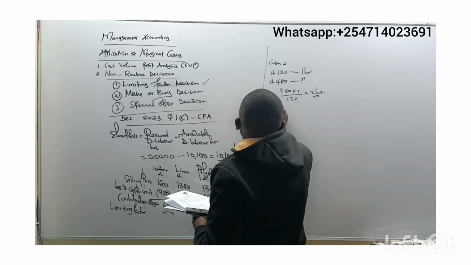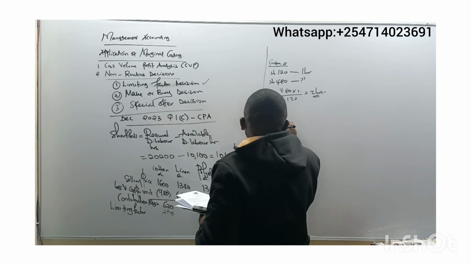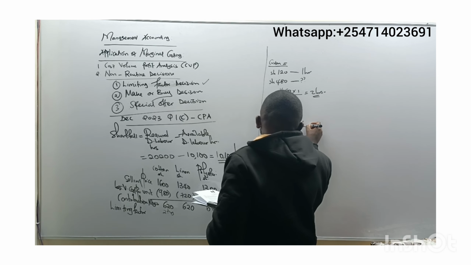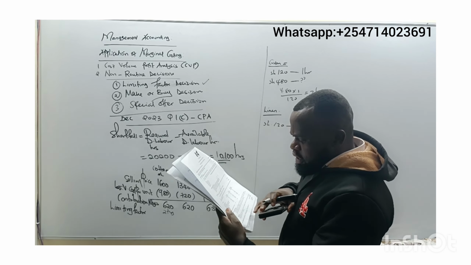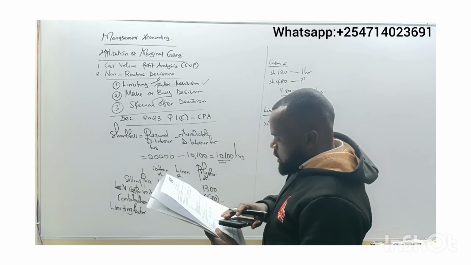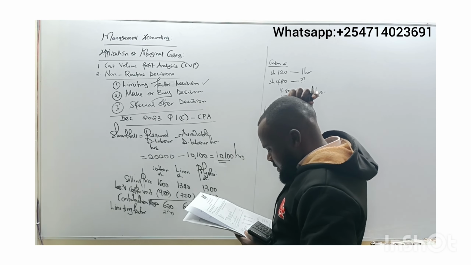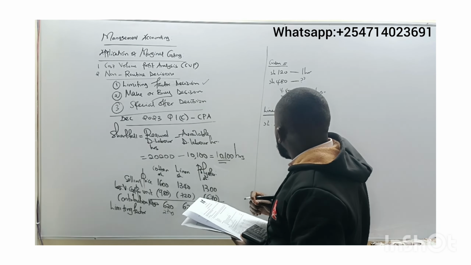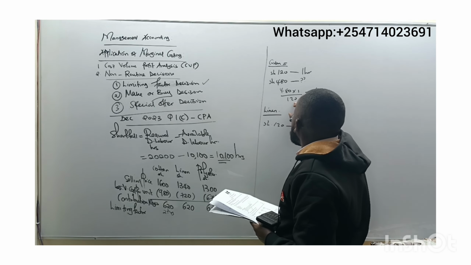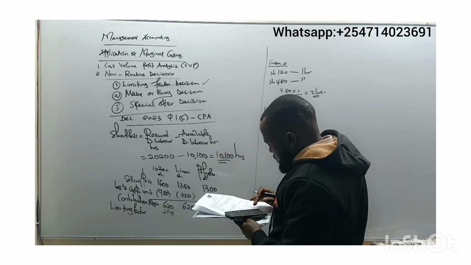It is the same for linen. You look at what we paid. Linen, 1 hour is also 120 as we have been given. We are told each direct labor hour is charged at 120 shillings for cotton, 120 shillings for linen. But look at how many hours we worked. Sorry, 480 divided by 120 is not 2, it should be 4.